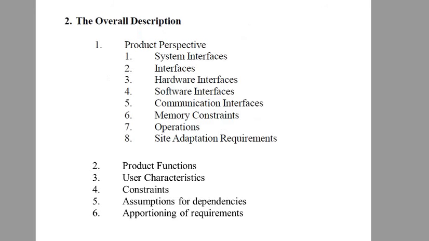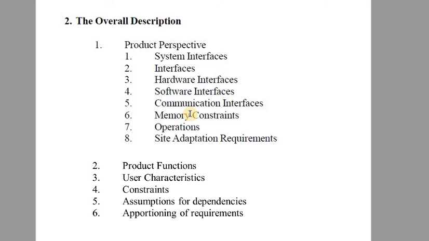The second section should contain the overall description: product perspectives, hardware, software, some memory constraints, operations, product functions, user characteristics, constraints, assumptions and dependencies.